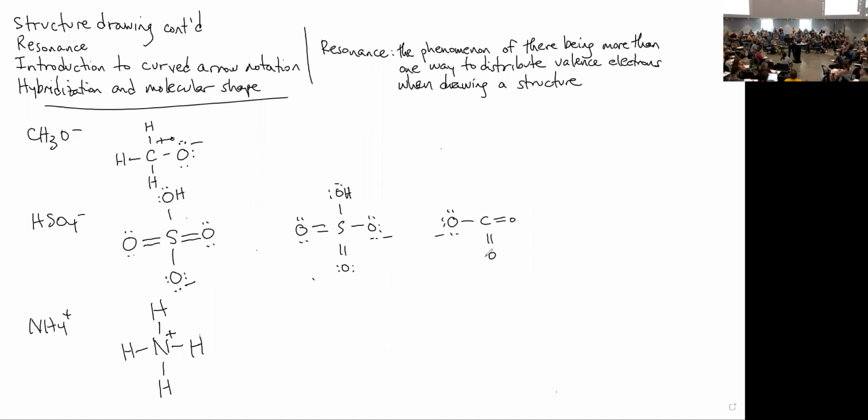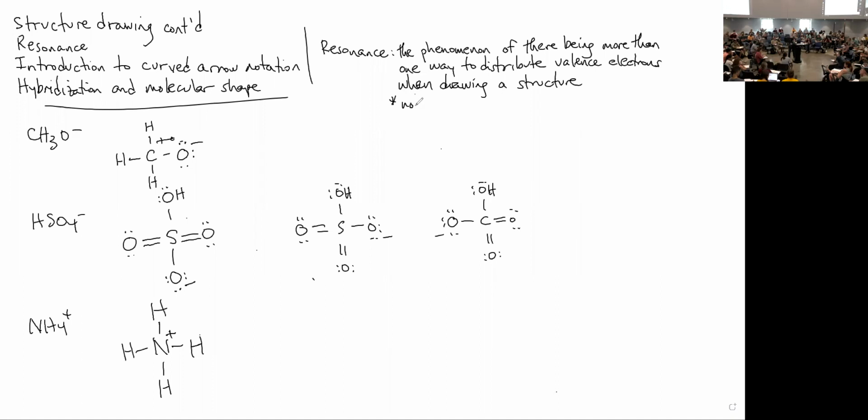And the double bonds would be to the other 2 oxygens, and then OH up here. So when we run into that situation, that's where we're running into a resonance situation. That phenomenon, and we'll do a few examples of this, don't worry. But that phenomenon is what we mean by resonance, when there's more than one correct way to distribute the valence electrons. We do have some rules, though.